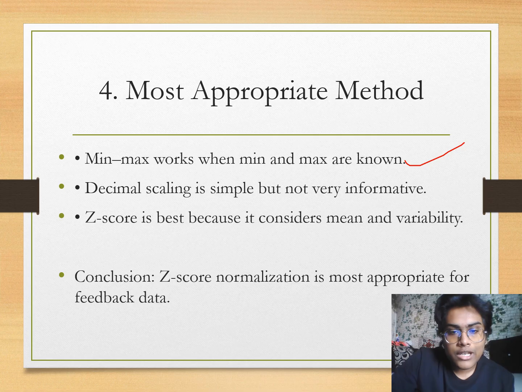Z score is best because it considers the mean and variability of the dataset. So the conclusion is that z score normalization is the most appropriate for the feedback data.